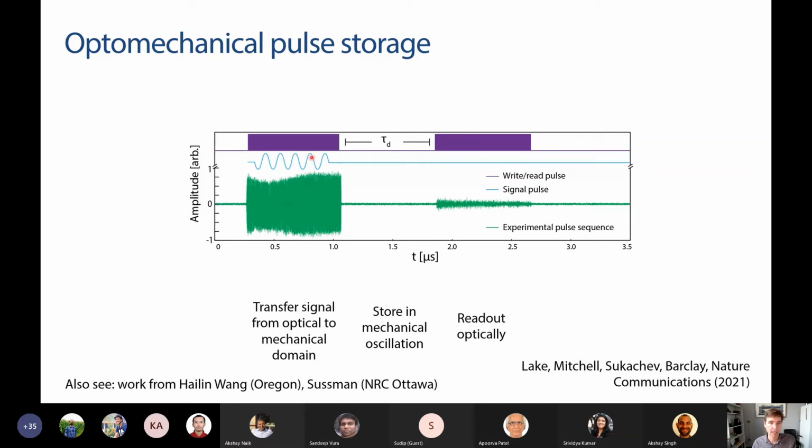What we have is a weak signal, which interacts with a strong signal that's input to the cavity. These are detuned by exactly the mechanical frequency, and this resonantly drives the mechanical motion of our device. And we leave both of these fields on for some time, and then turn them both off for some time, and then turn on our strong field again.